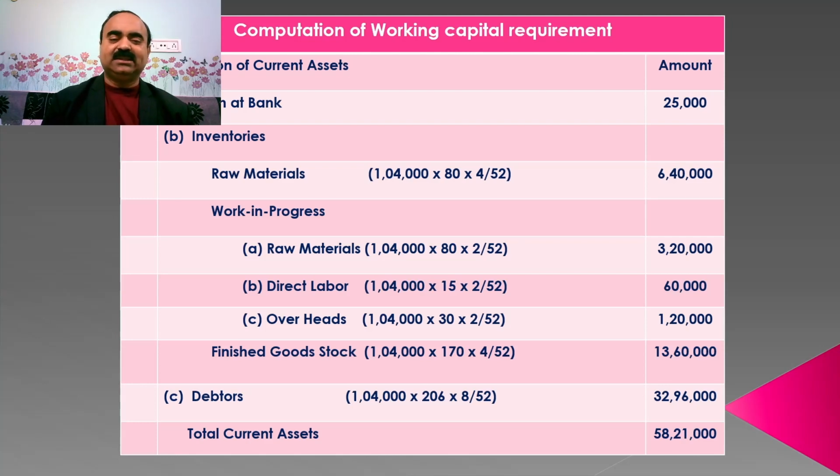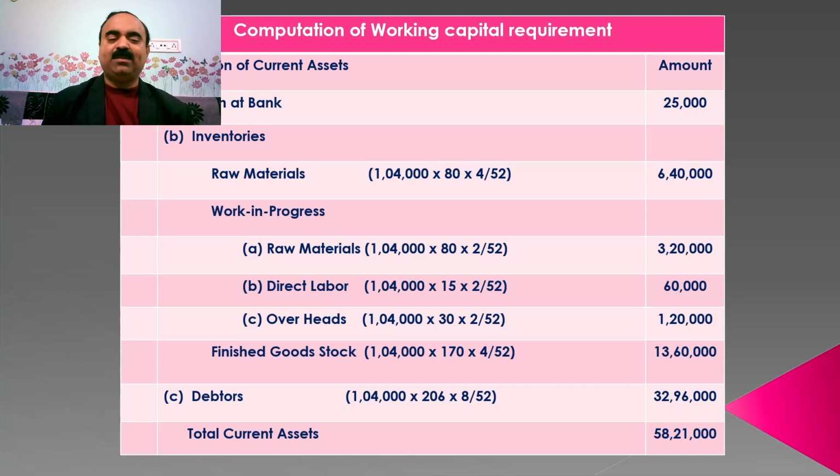Raw materials level of activity is 1,04,000 units and per unit cost of raw material is 80 rupees, and raw materials are expected to be in stock for 4 weeks. Hence, we multiplied 1,04,000 with 80 and 4 by 52. Finally, we got the value of 6,40,000.